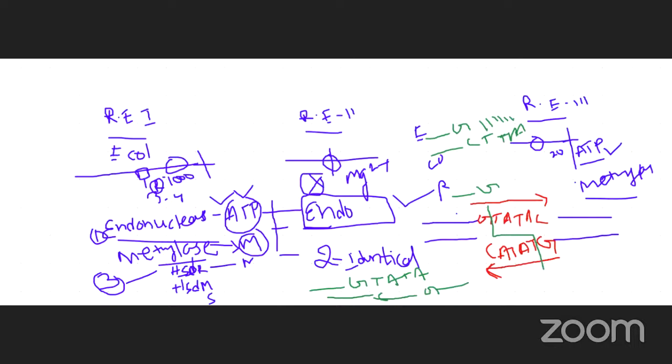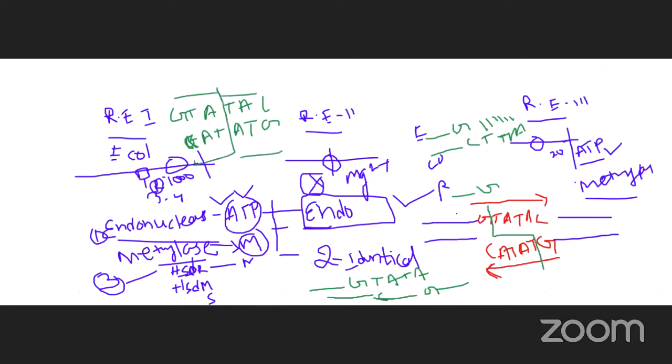For example, the same sequence, let's draw here: G T A T A C, G T A T A C. Same sequence, but it is cut at a different site, like this, and two equal parts are formed.